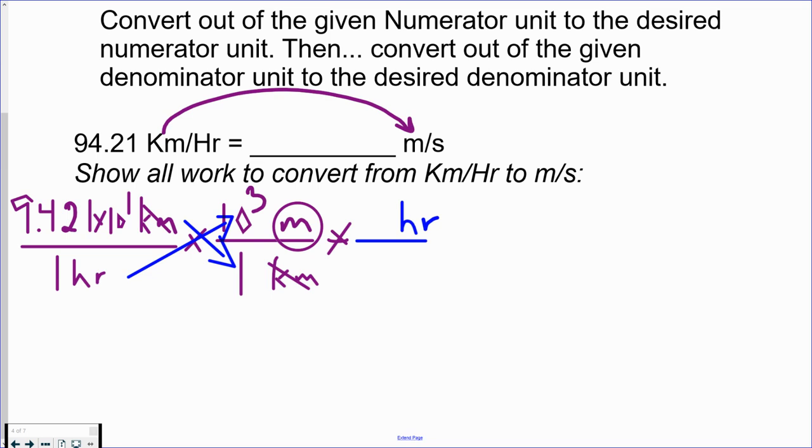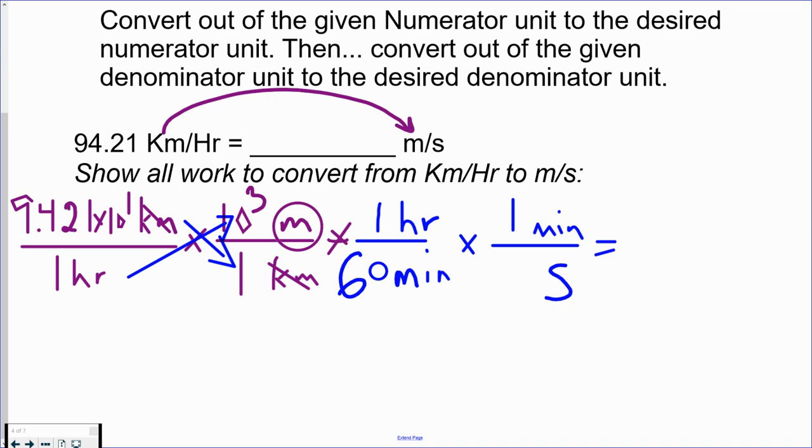Some of you may know how many seconds are in an hour, but I know all of us know how many minutes are in an hour, and how many seconds are in a minute. The bigger one here is an hour. The bigger one here is a minute. There are 60 minutes in an hour, and there are 60 seconds in a minute.